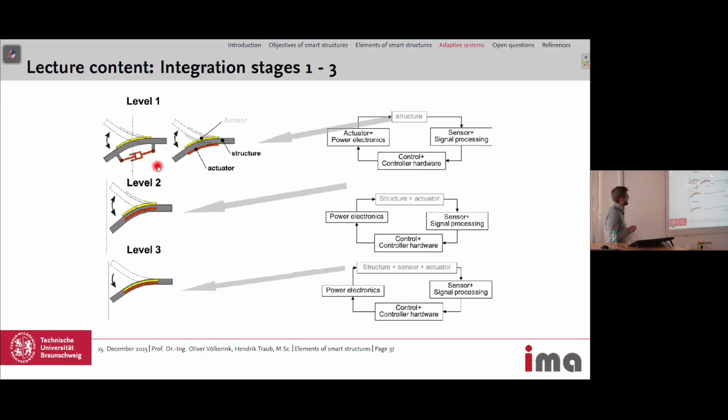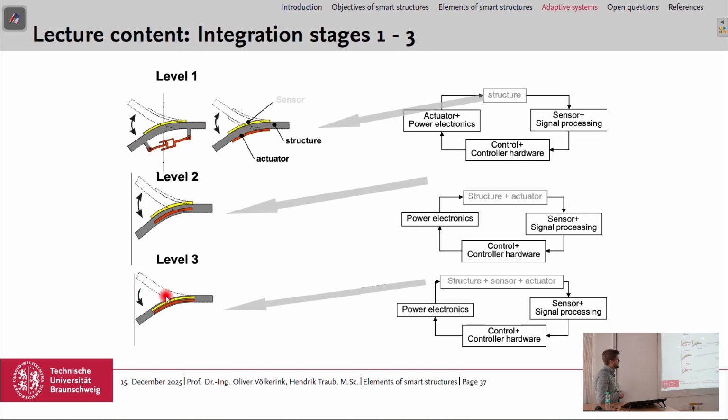This would be level 1. Level 2 is the sensor, for example, applied and the actuator integrated. So one part integrated, one part applied. And level 3 is both sensor and actuator integrated.